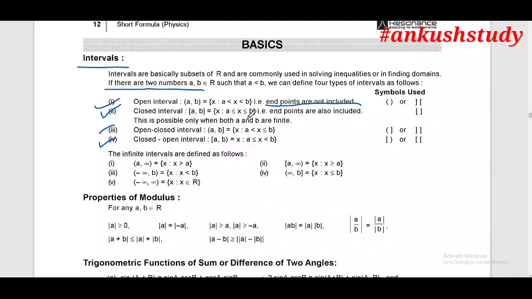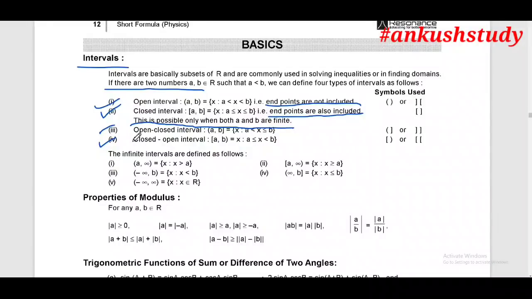Endpoints are also included in this closed interval, and this is possible only when both a and b are finite.